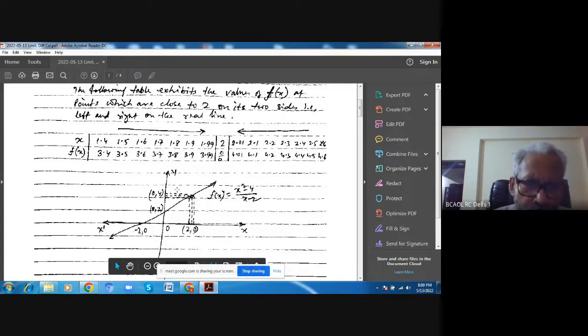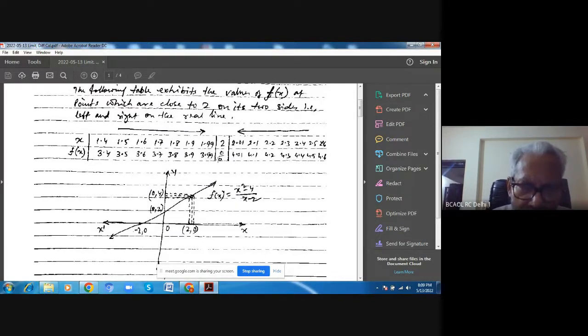Similarly, in the case of function of x, you see both cases. If we consider from this side or from this side, ultimately it is reaching indeterminate, 0/0, towards the 4.